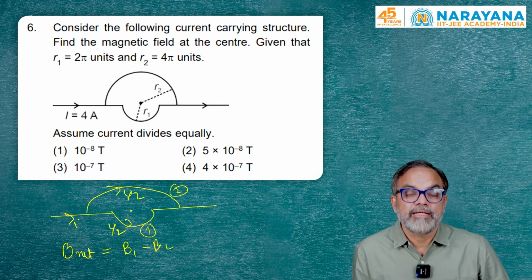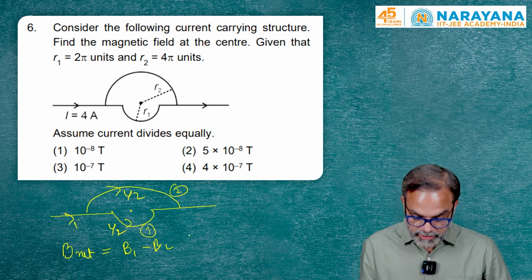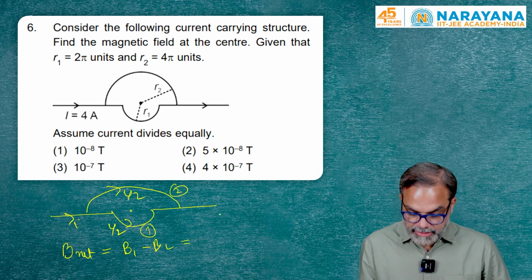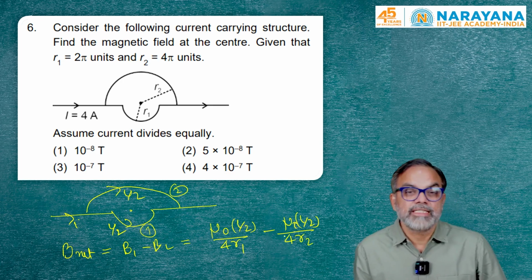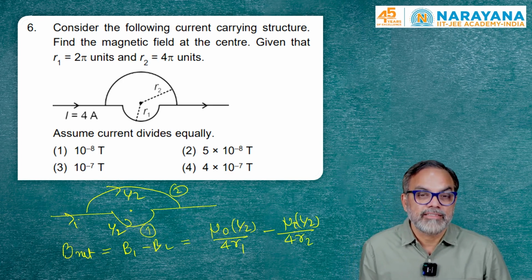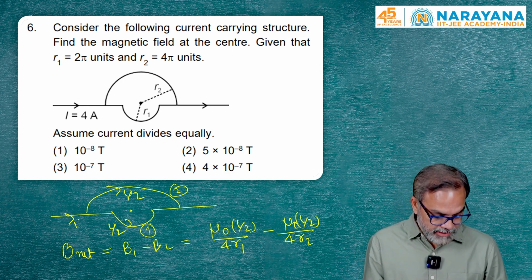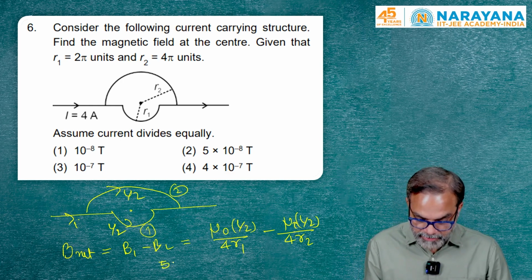So we want the net magnetic field at the center. Again students, if you put it, it will be mu naught I by 2 over 4R1 minus mu naught I by 2 by 4R2. So this is the net magnetic field at the center. Once we simplify, we get 5 into 10 to the power minus 8 Tesla.